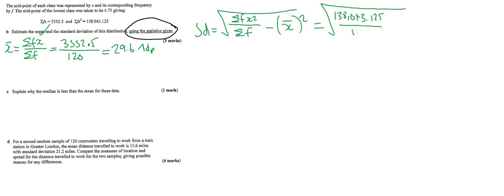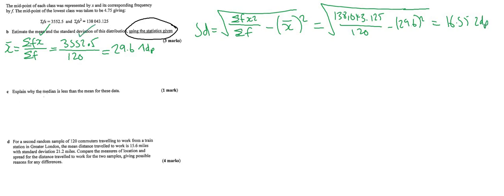Divide that by our 120, and we subtract from that our 29.6 squared. Okay, the square root of the whole thing. And that gives me a standard deviation of 16.55 to two decimal places. So that's my standard deviation.